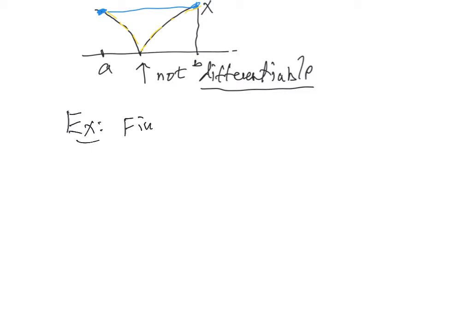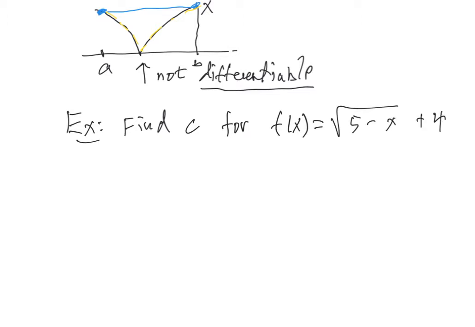Find C as identified in this theorem for the function f of x equals the square root of 5 minus x, plus 4, on the interval, actually, let's do -4 up to 1.